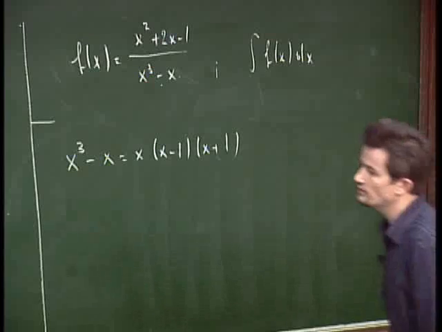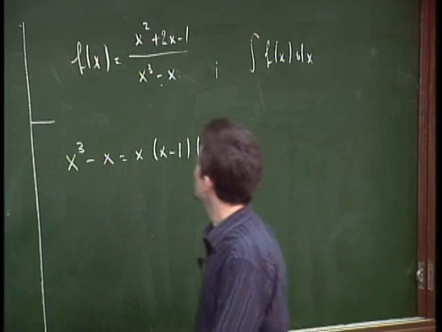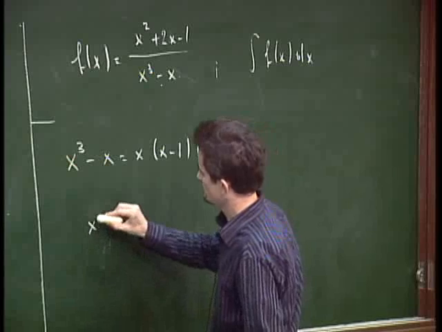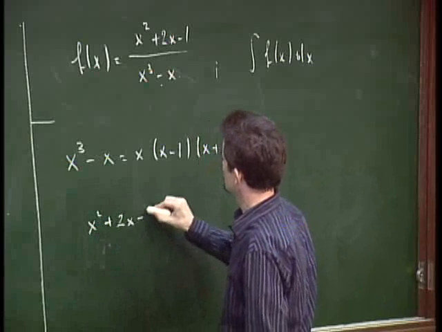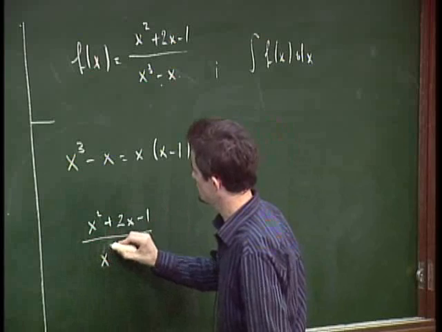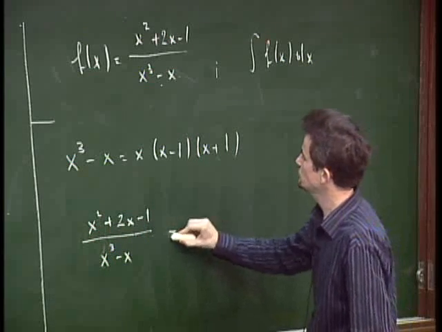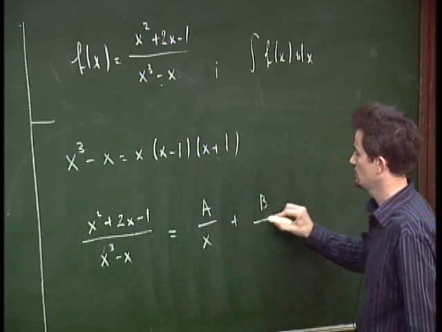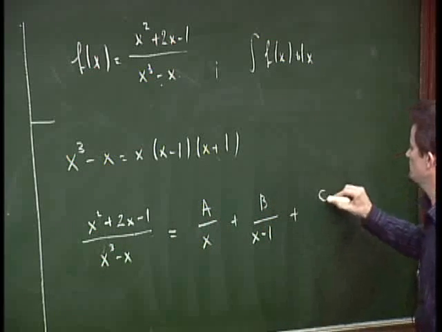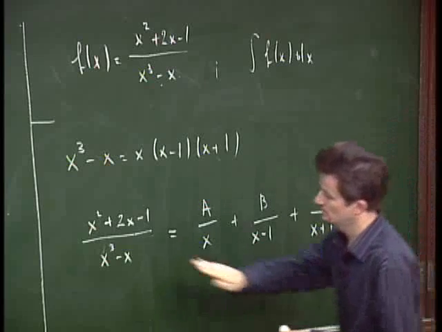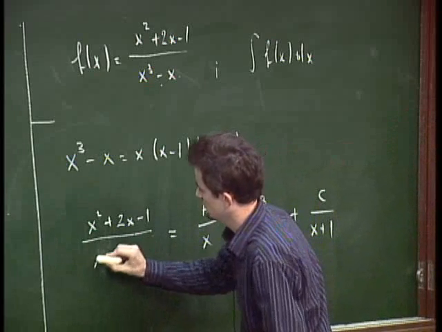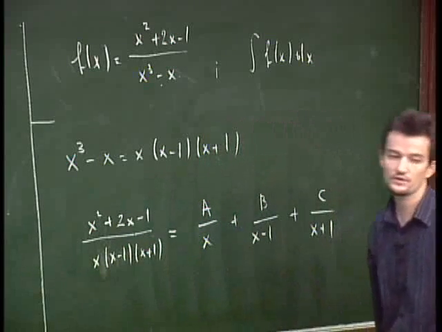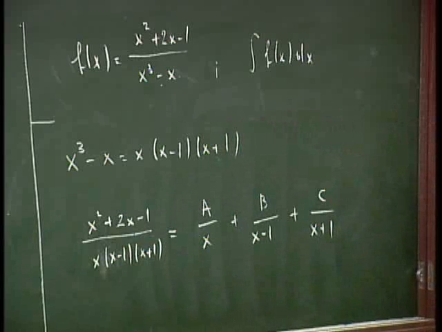So according to this rule, we have to set up f of x, maybe I write here already, x squared plus 2x minus 1 over x to the cube minus x, is equal to a over x plus b over x minus 1 plus c over x plus 1. Now, what we have to do is find a, b, and c.